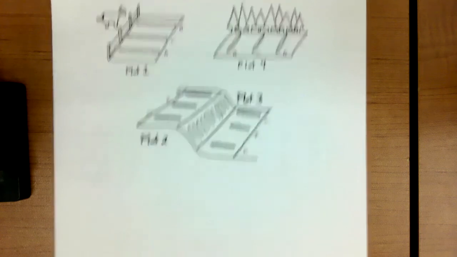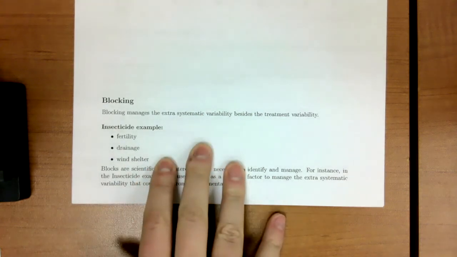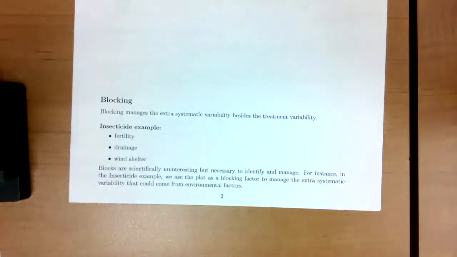Okay? So again, block is just a way that we can manage extra systematic variability besides just our treatment. Because again, our end goal is to see if the treatments have an effect. And by implementing blocking, we're trying to reduce the unexplained variability. So in our insecticide example, we had the fertilizer, the drainage, the wind shelter, all these other factors that we were able to hopefully block by the plots.